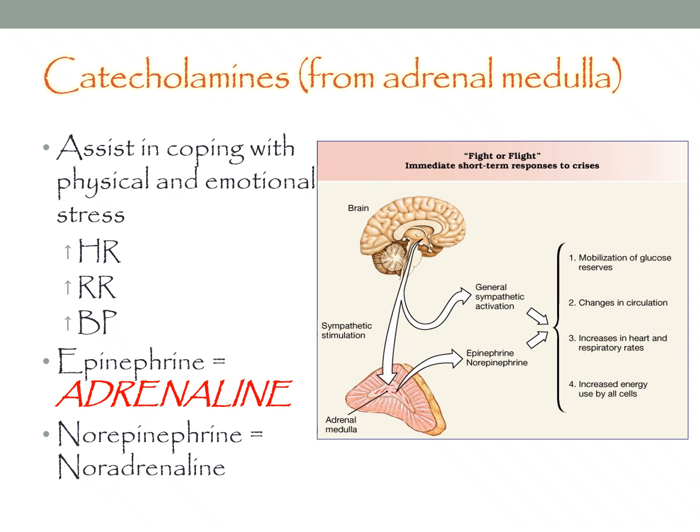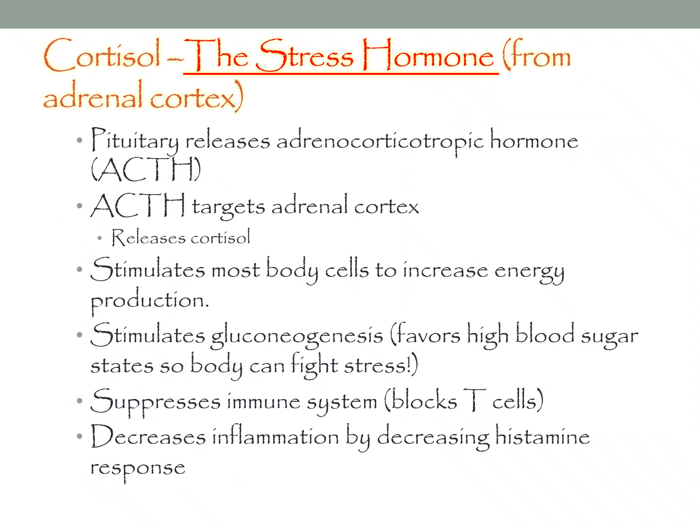You guys remember what your catecholamines are? That's right, epinephrine and norepinephrine, aka adrenaline and noradrenaline. And we remember, based on the alpha and beta agonist response, this increases our heart rate, respiratory rate, and blood pressure.